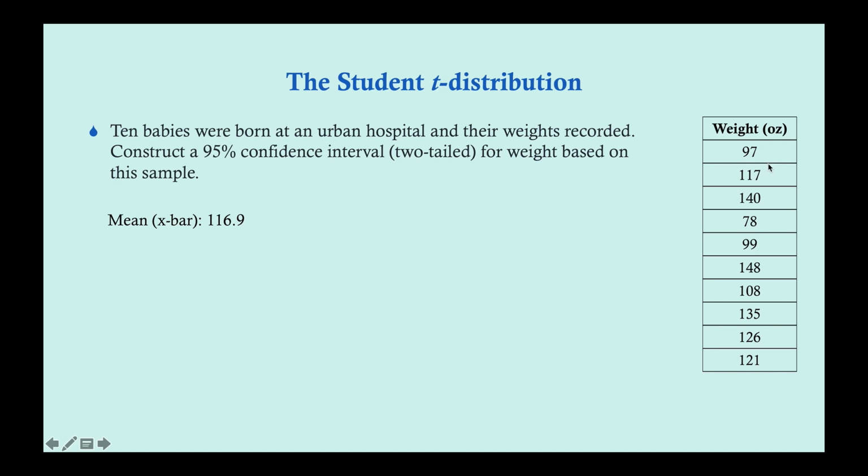You take the differences, square them, and then divide them by n minus 1. So that's going to be 470.8. That's your variance. To find the standard deviation, you take the square root of that, and that's going to be 21.7. So now you know x bar, and you know s, and you also know n because n is 10. That's your sample size. So now all you need to know is t.